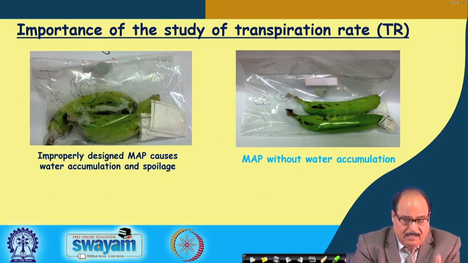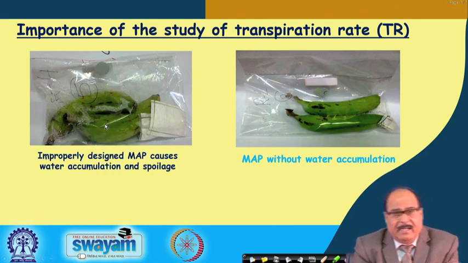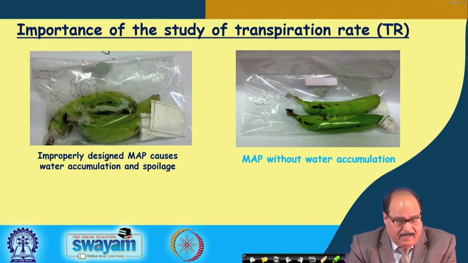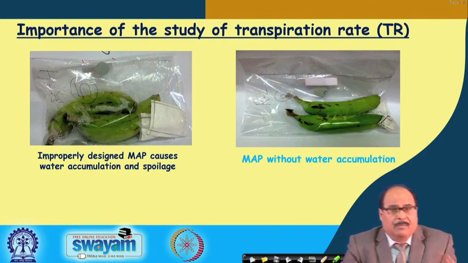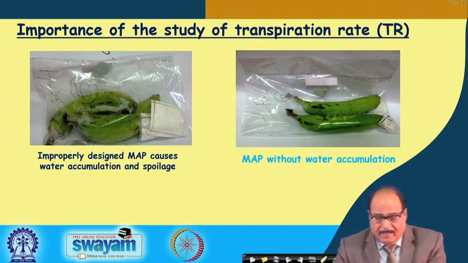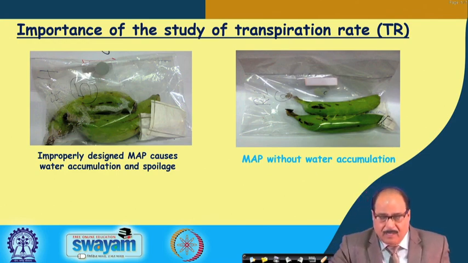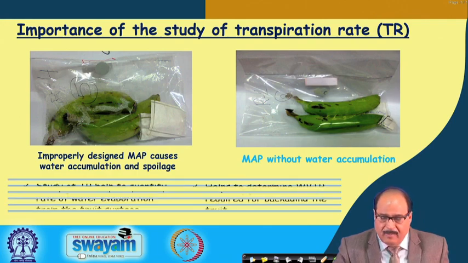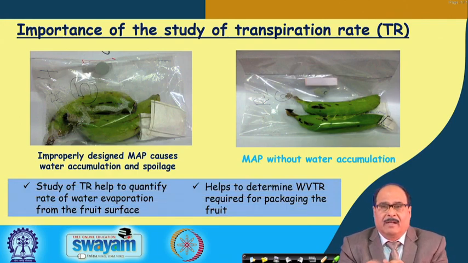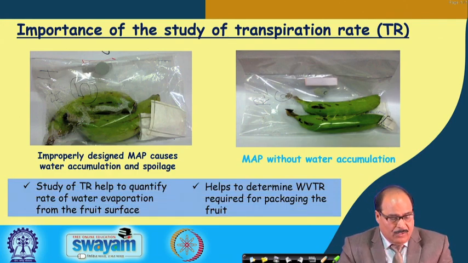Here you can see this is our result. There is one package where there was a humidity gradient inside and outside the packet, and it resulted in condensation of the moisture. In another case where the modified atmosphere packet was properly designed, there was no humidity gradient, there is no condensation of the moisture.